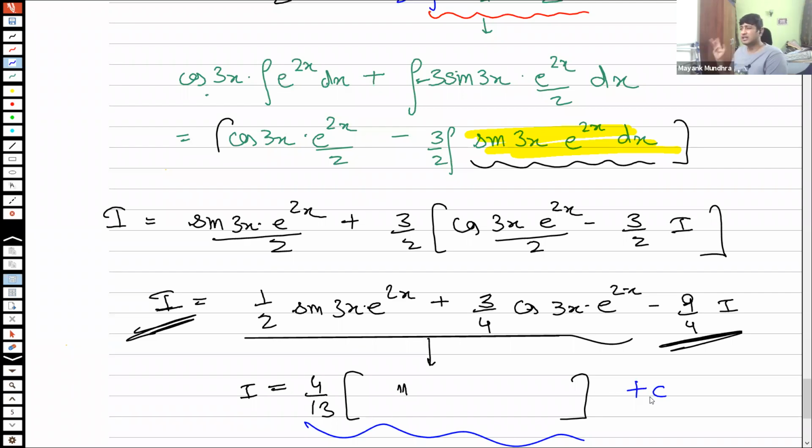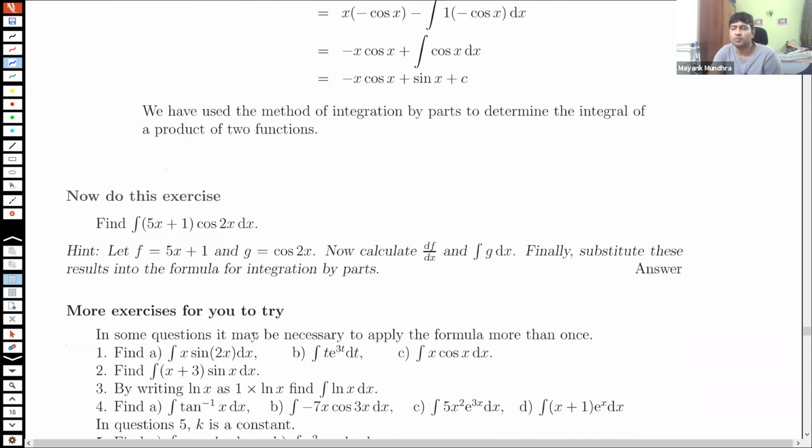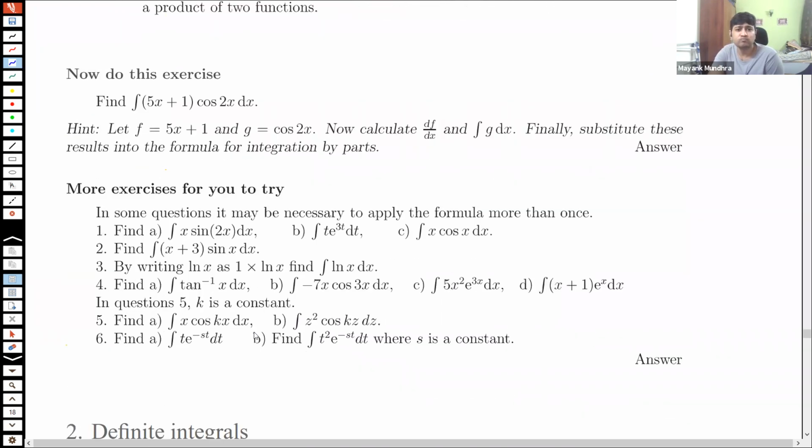If he's in a good mood, he knows that you have done the more difficult thing, you just forgot the C. So it's like missing a full stop at the end of the sentence. Unless you have a grammar Nazi who is checking, nobody's going to deduct marks for this in an economics exam. So I won't worry too much about C. But if you put it, it's more correct.